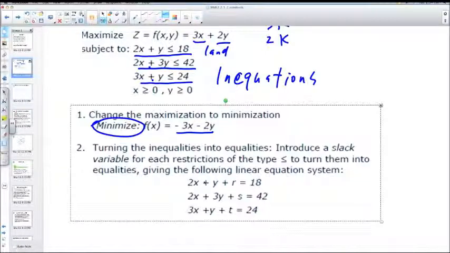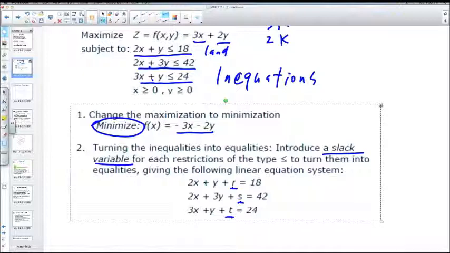How do I do that? I introduce 3 slack variables, R, S, and T. Those are positive numbers. You add the positive number to equal 18, which obviously tells you 2x plus y is less than 18.